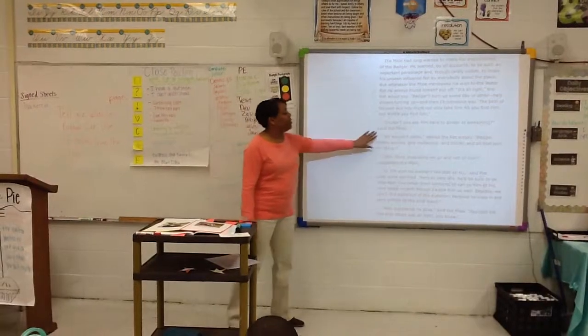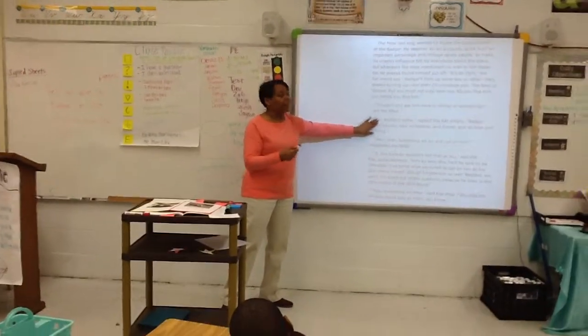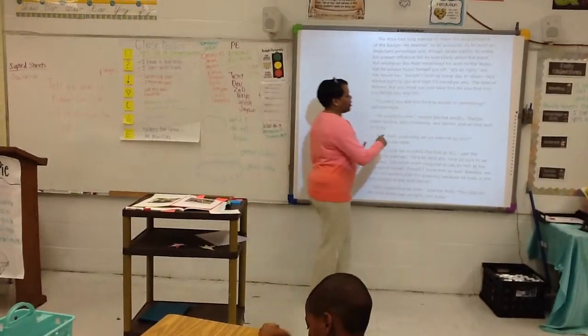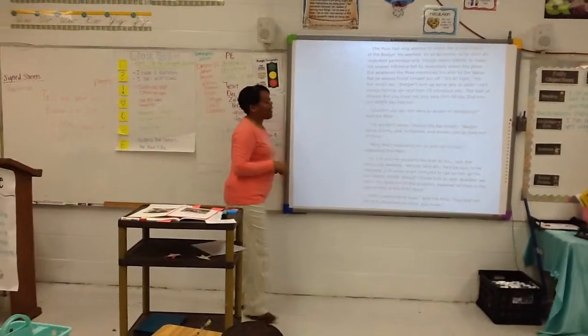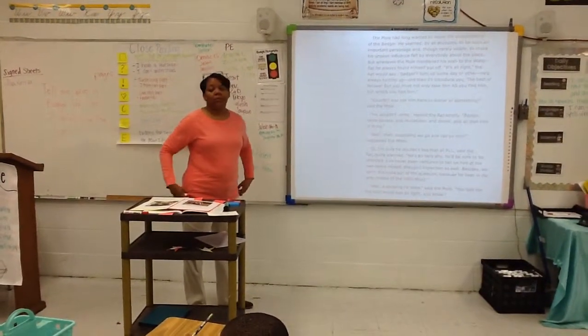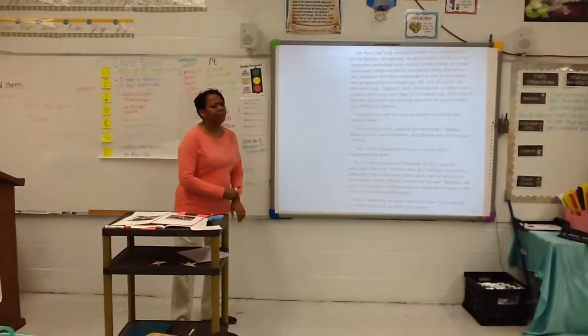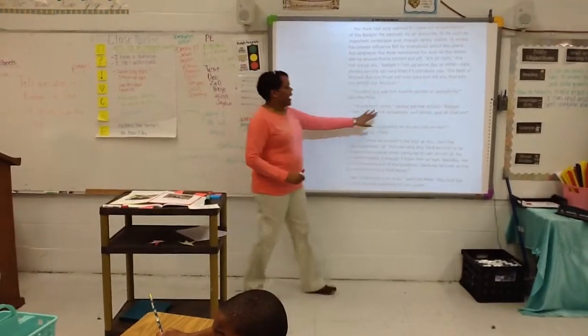I would use this as a what? A detail. Go ahead and underline that, boys and girls. And I want you to write D out there because that's a detail about who? Badger. Okay, good. Put your little D out there.